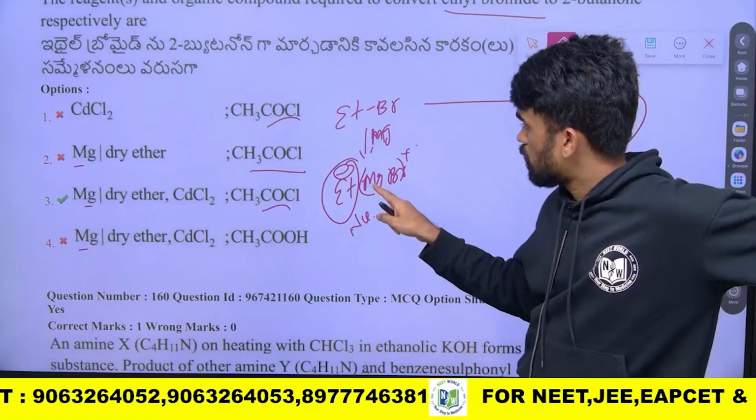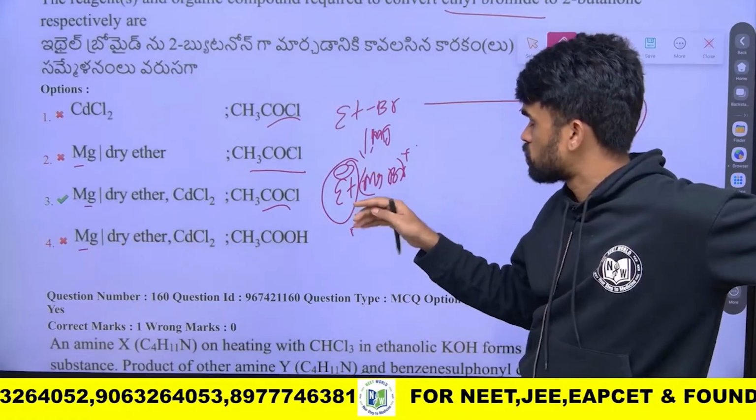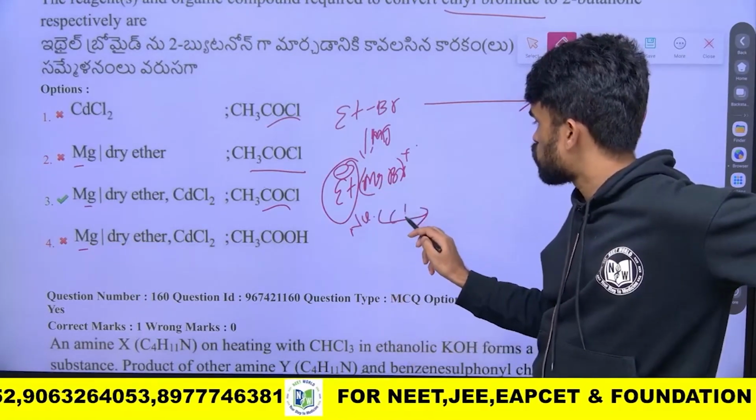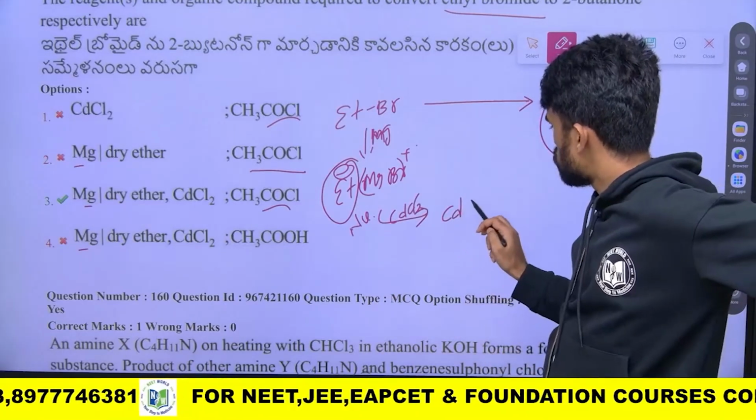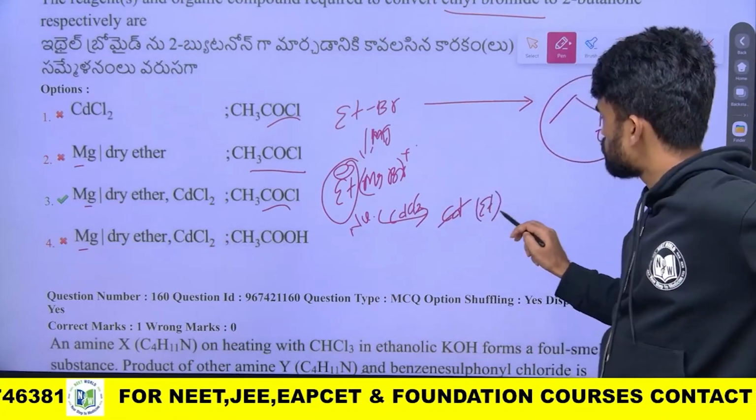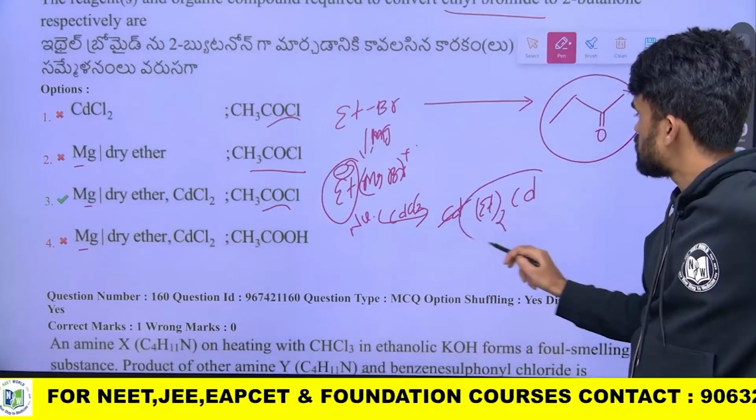So the nucleophilic nature should be reduced. When we treat this with cadmium chloride, we will be getting diethyl cadmium, so this is the reagent.